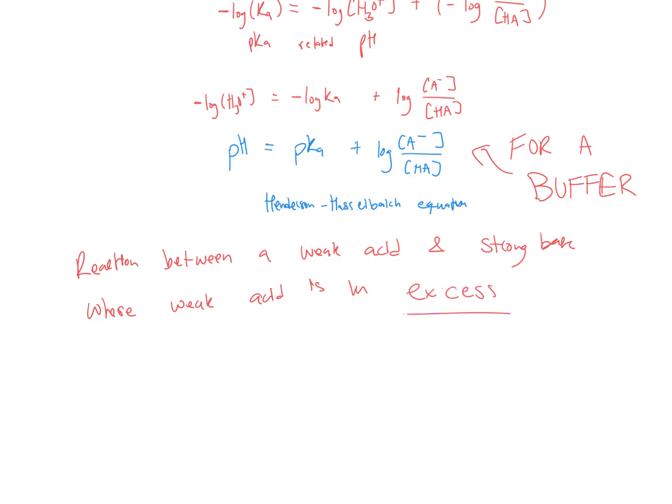That's essentially the definition of a buffer, that you have more weak acid than strong base, and you just haven't fully reached the equivalence point. When it's in excess, you can use the Henderson-Hasselbalch equation. When it isn't, then of course you have to use methods that we've previously talked about.